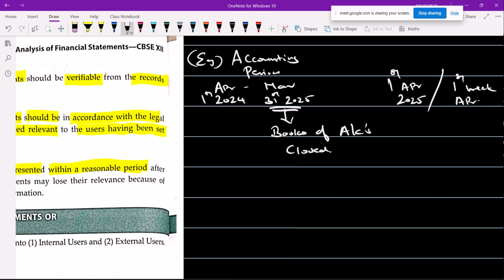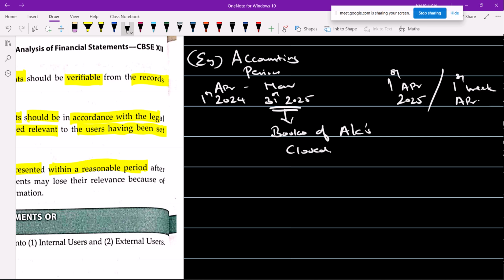Suppose I am unable to identify some error, for example there is a suspense account. While doing our accounts, we have come across a suspense account. It is my duty to find out what that suspense is all about and what caused the differences. I should find out and arrest that suspense. So it will take some extra time to complete my final accounts, and only then am I able to go for the presentation.